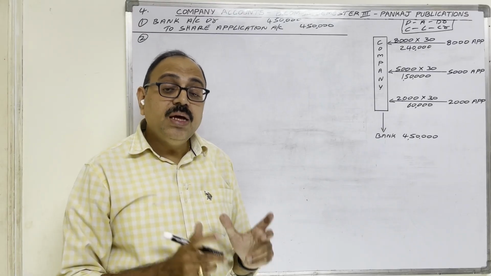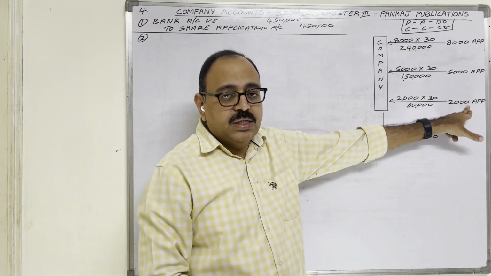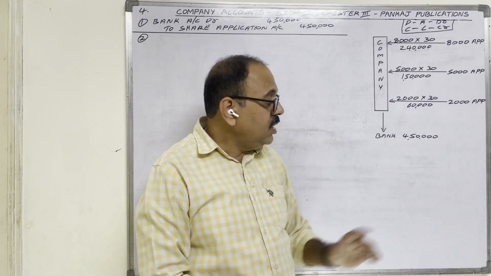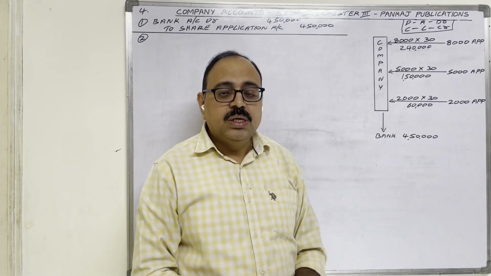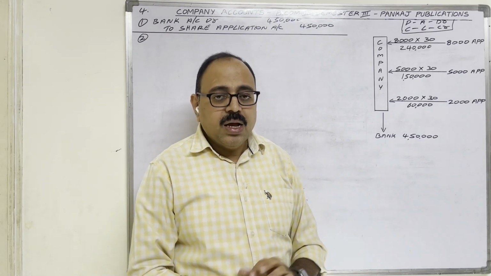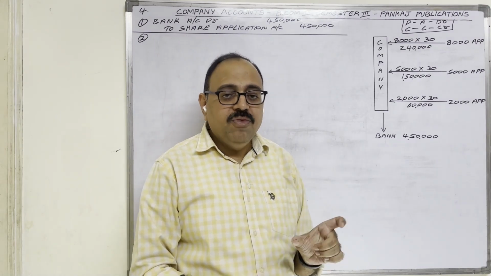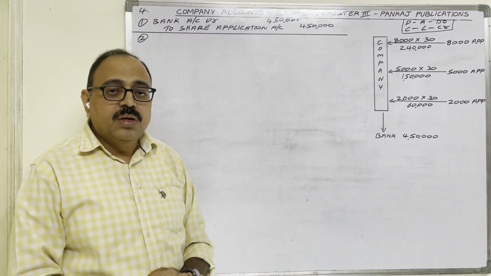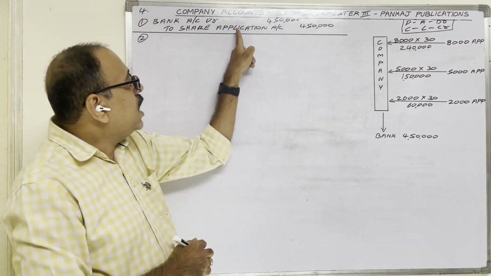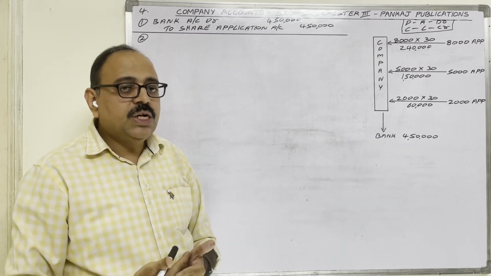Second entry is for refunding the application money. Third category of applicants, they have applied for 2,000 shares. Through application, they paid 60,000 rupees. But the company didn't allot any shares to them. Then the company returns this 60,000 rupees to them now. For this return, we have to write the second entry. In the first entry, in the company's books, we wrote that from applicants we received application money.